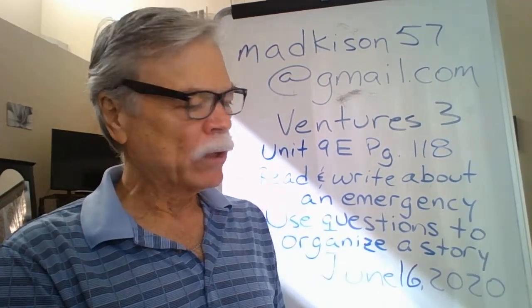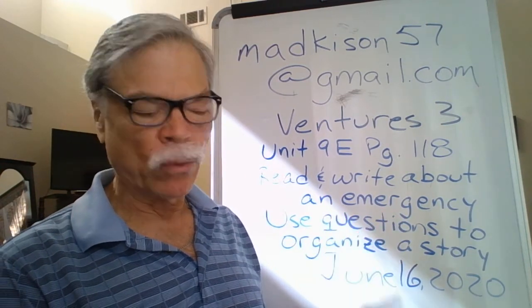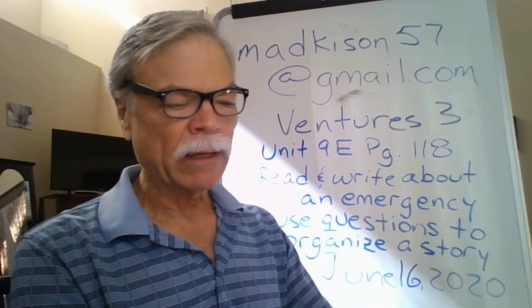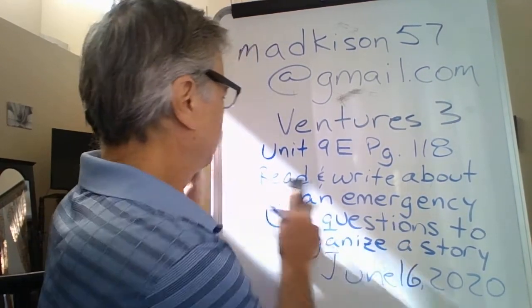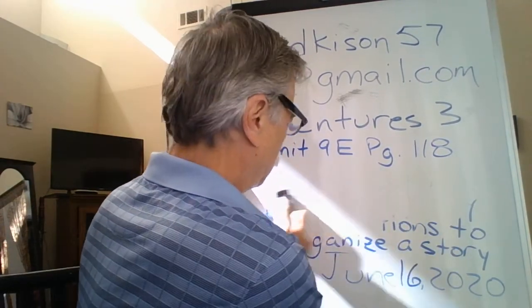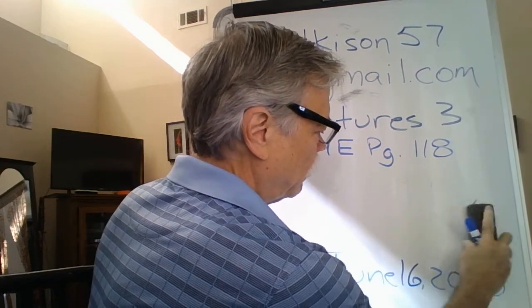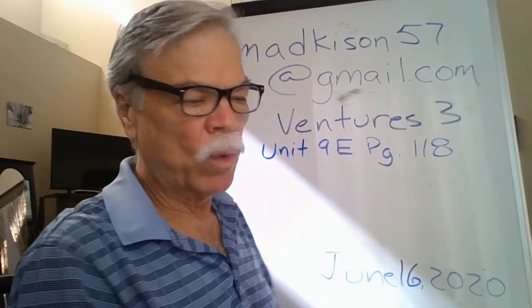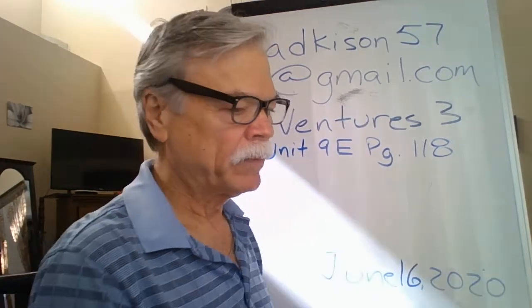So, the first thing I'd like to talk about is an emergency. Let's brainstorm about the different types of emergency that you can think of. So one type of emergency would be health emergencies.